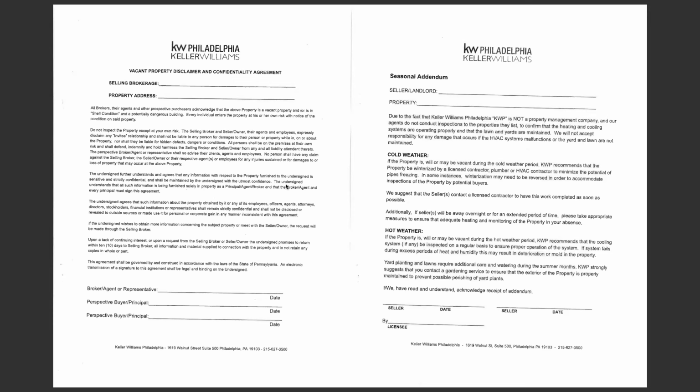So if you are going to list a property that has hazards in it, the floor has holes in it, the walls are missing, the ceiling has collapsed, whatever it may be, we highly recommend you have this form filled out. And the last one is a seasonal addendum. Primarily, the importance of this is to be used in cold weather, but it also pertains to hot weather.